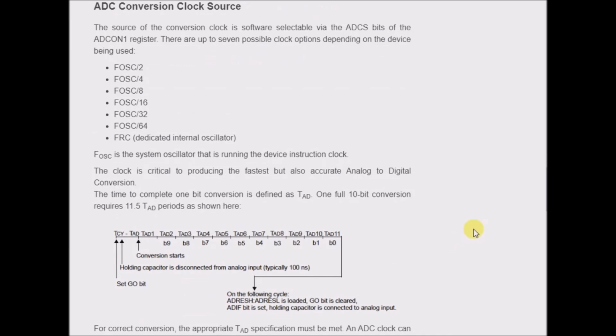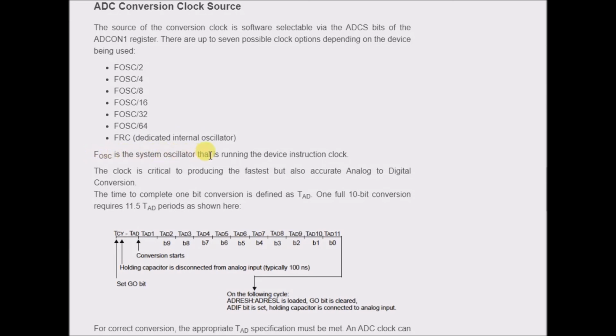ADC conversion clock source. The source of the conversion clock is software selectable via the ADCS bits of the ADCON1 register. There are up to 7 possible clock options depending on the device being used. FOSC/2, FOSC/4, and so on and so forth. FRC, dedicated internal oscillator.